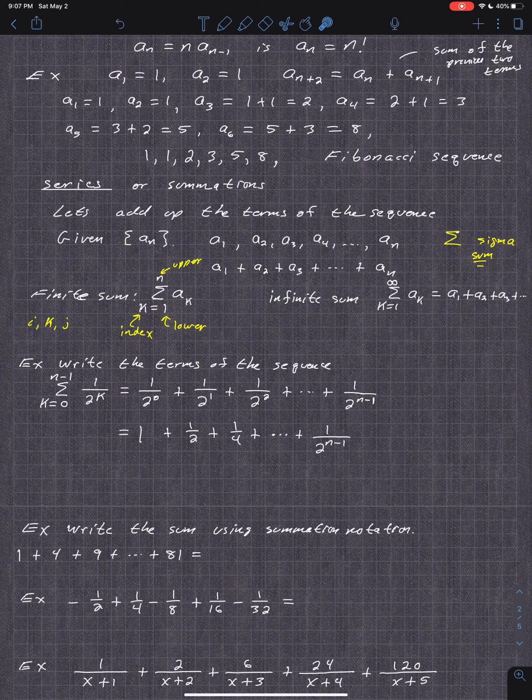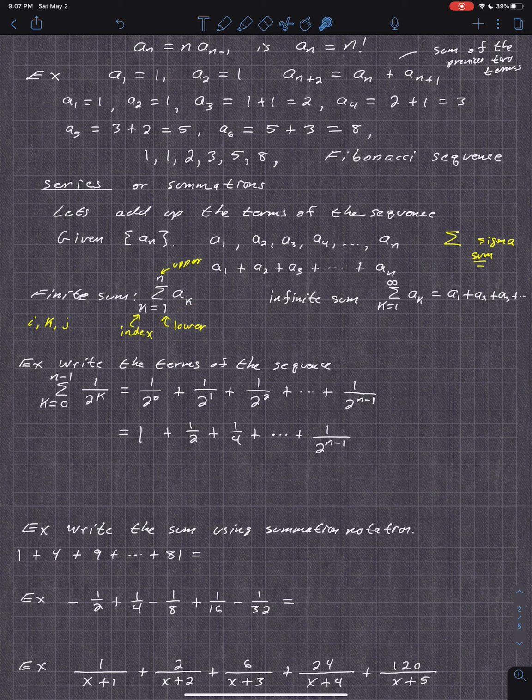So the variable is here, that's what you're plugging in, substituting in, and that's called the index. You may see i, k, or j, or even n sometimes in here instead. It doesn't have to stop at i. Normally that's what we're doing, I think, in this book.